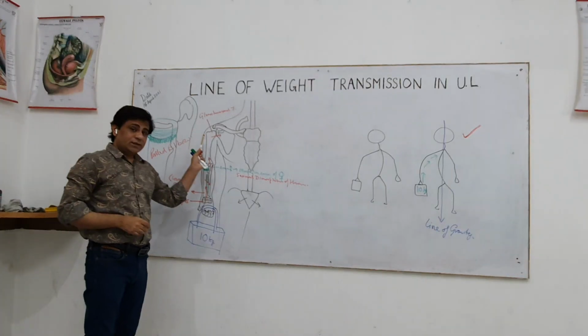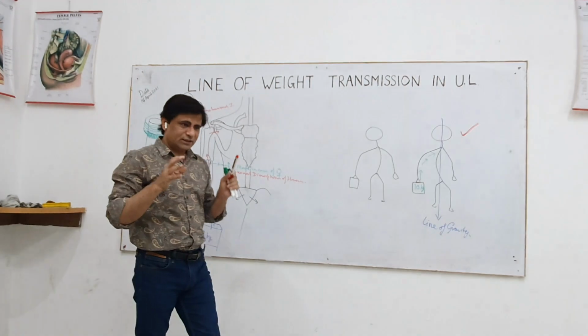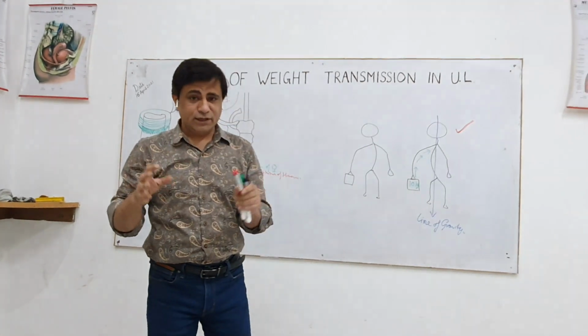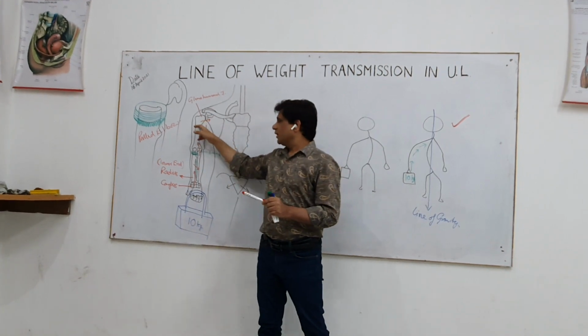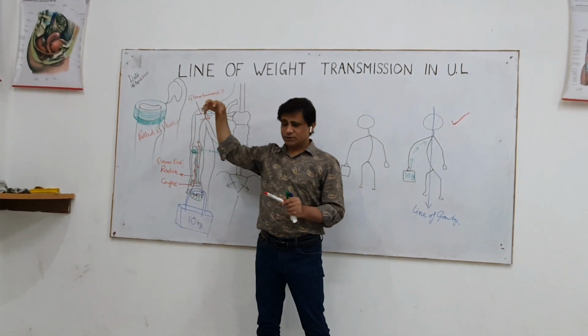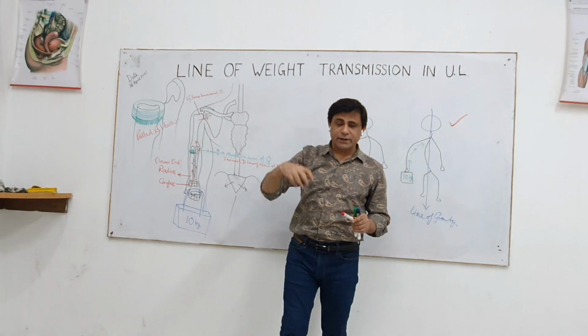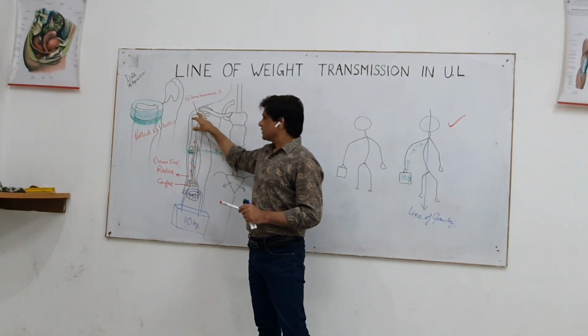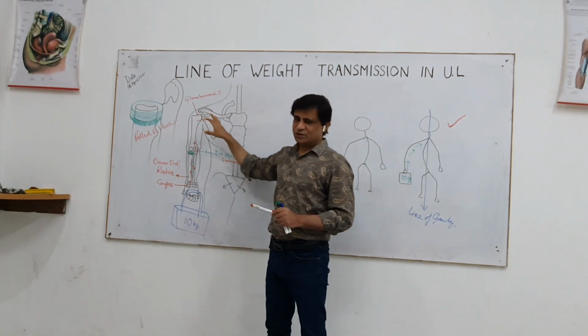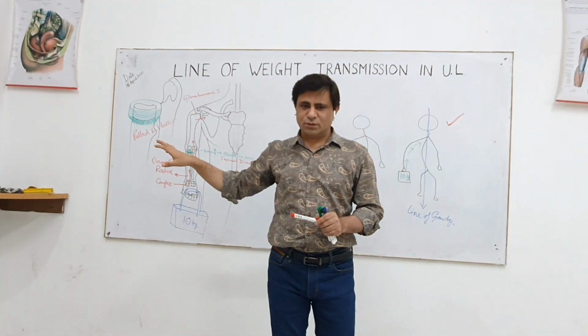So there is a lot of protection, like a thick capsule, thick ligaments, the coracohumeral ligament, and the rotator cuff muscles also. All that prevents this joint from dislocating, giving it some stability, although this joint is not very stable though.